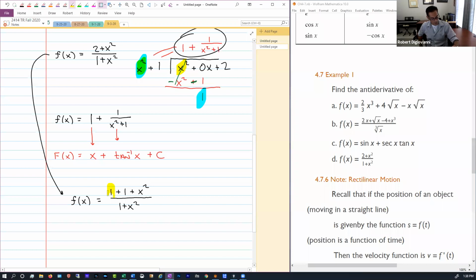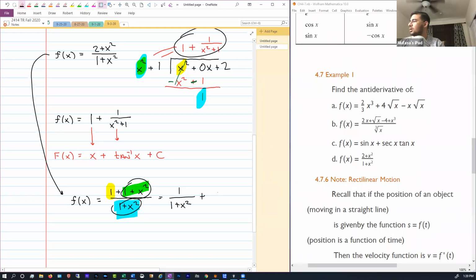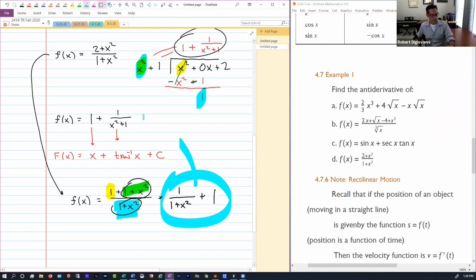I'm going to write this on top of this, and then this on top of this, splitting it into 2 fractions. I get 1 over 1 plus x squared, and then plus, now what's 1 plus x squared over 1 plus x squared? 1. Okay. We're there. This is this.